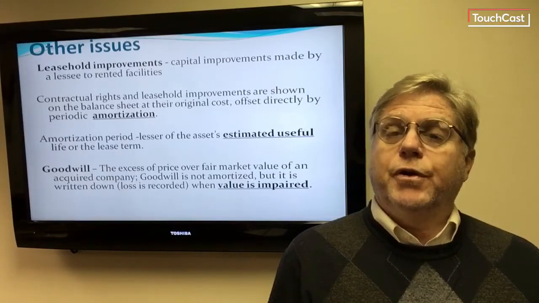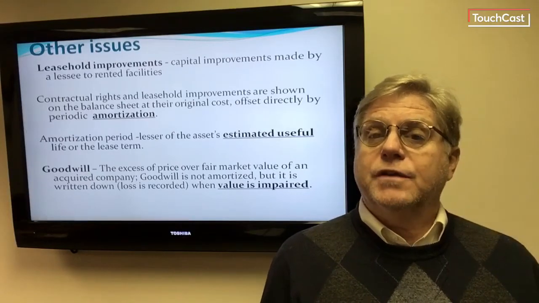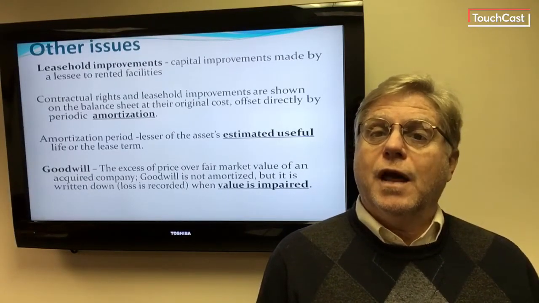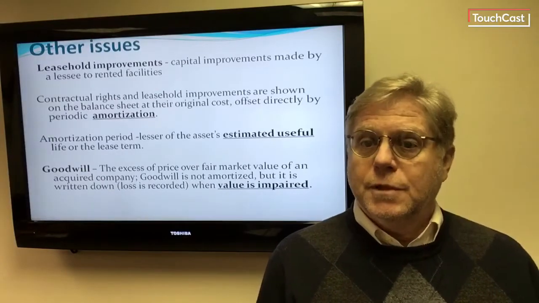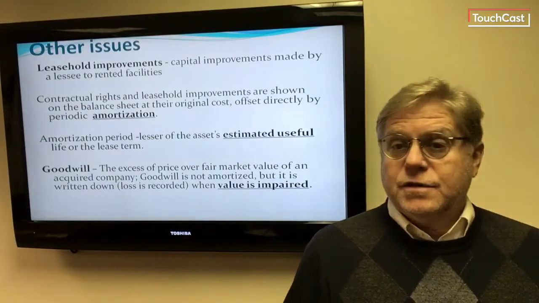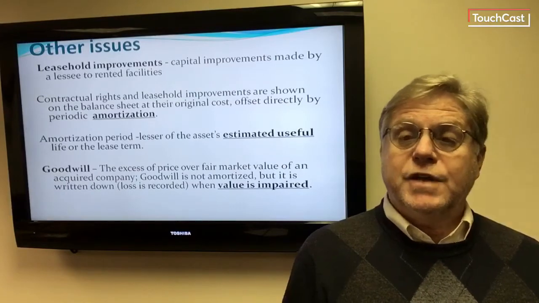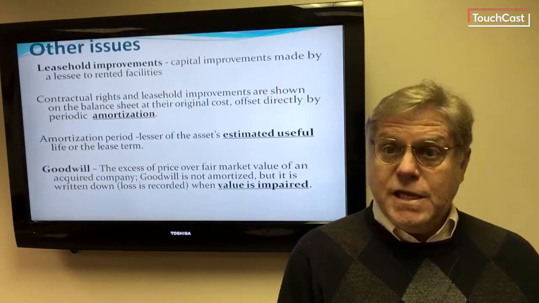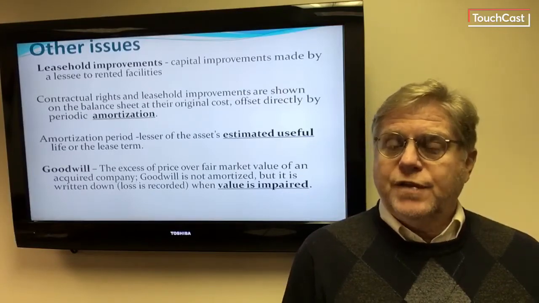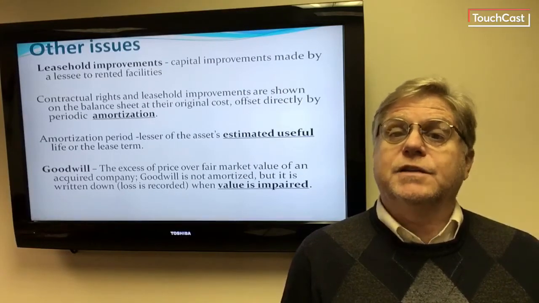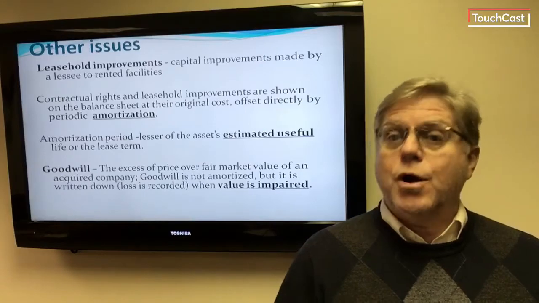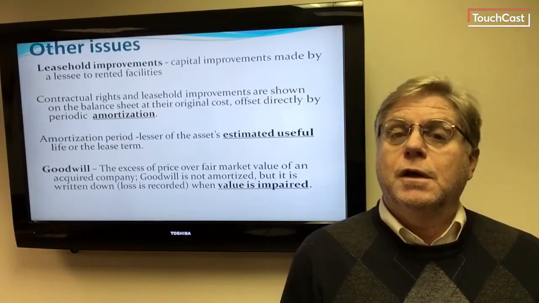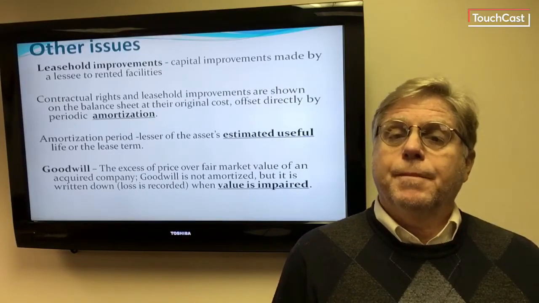The amortization period, by the way, is going to be the lesser of the asset's estimated useful life or the lease term. That is, if you've got an asset that has an estimated useful life of 10 years, but this lease is only going to last for 8 years, then you're going to depreciate that asset typically over the life of the lease because you're going to be out from under that property. It's not going to be available to you after 8 years.